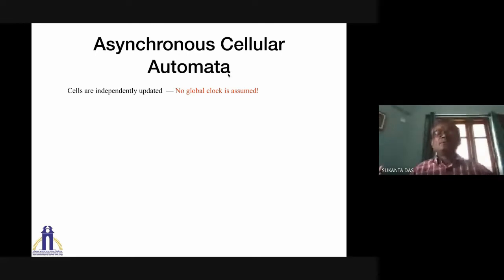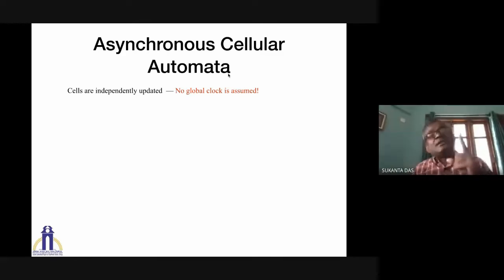In case of cellular automata, I am getting a view of parallelism. Cells are running parallelly, and there's a view of independence. Cells are running locally and independently. But there's a problem.